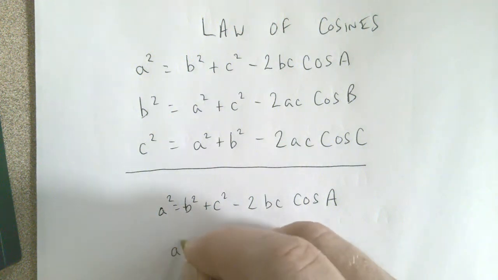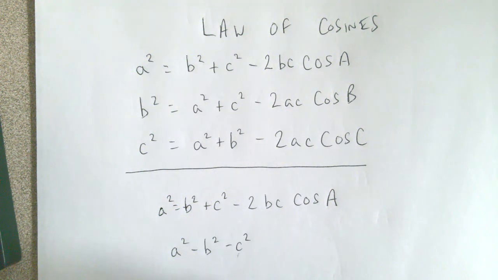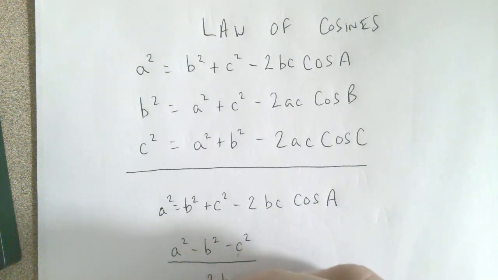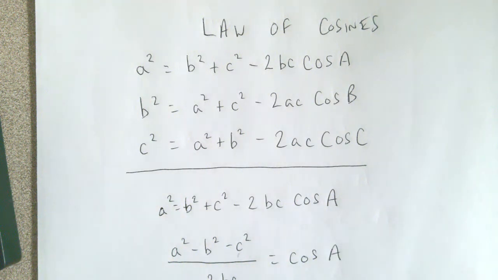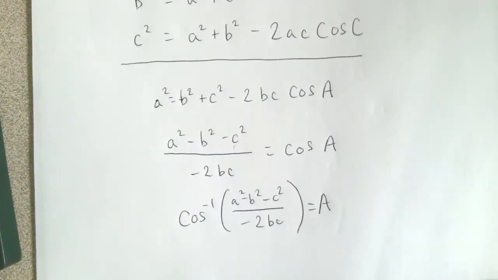So A squared minus B squared minus C squared, all divided by negative 2BC, is equal to the cosine of A. Then A would be the inverse cosine of A squared minus B squared minus C squared all over negative 2BC, and that would give me angle A.